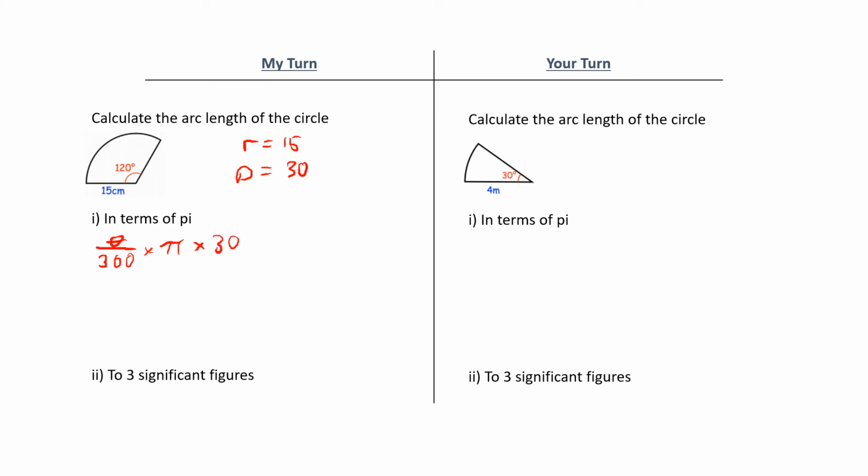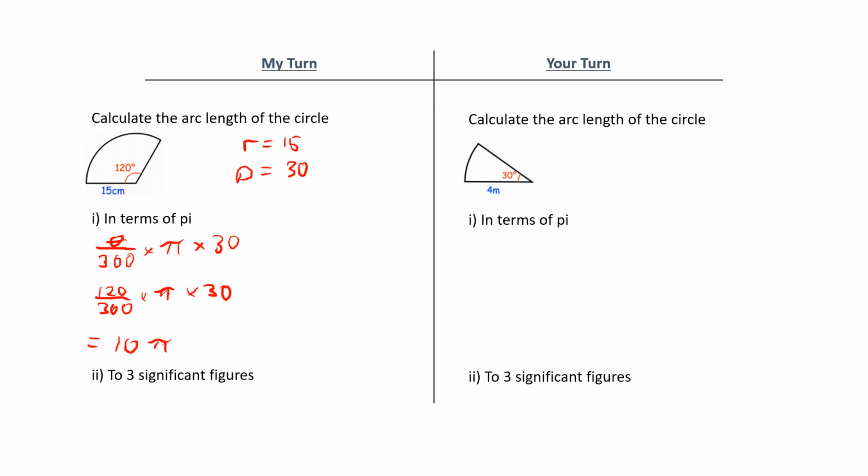Theta is 120, so it's 120 over 360, which is a third, times pi times 30, and if you put that into your calculator, you will get 10 pi.